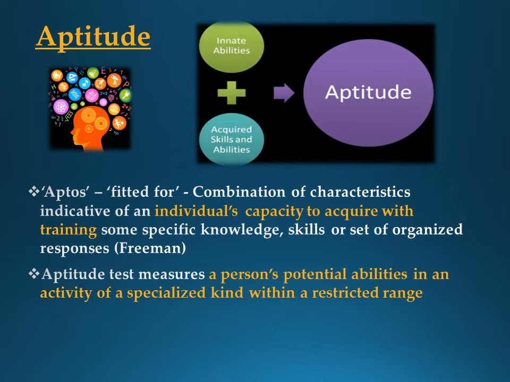So we must look at how aptitude is required to be tested, especially before jobs. Now, what is inherent in a person would come about and would become apparent when he performs a task, which would definitely mean he has the ability for it.